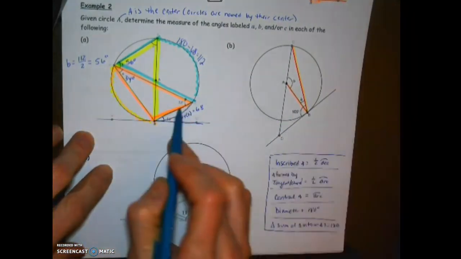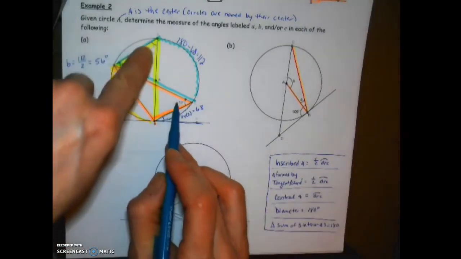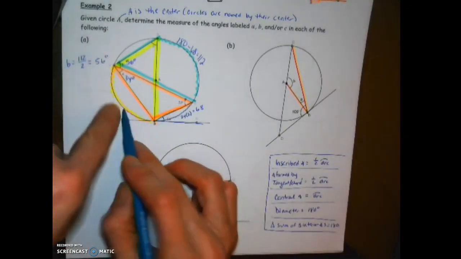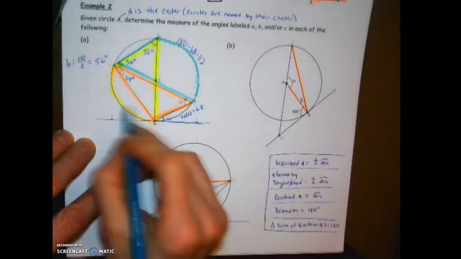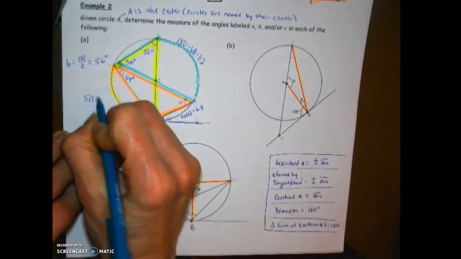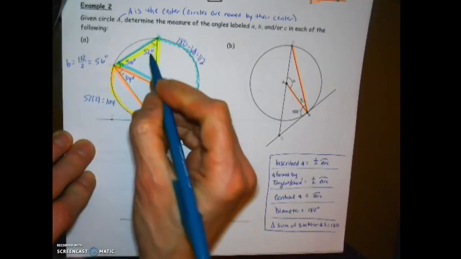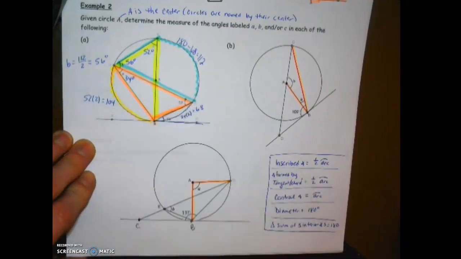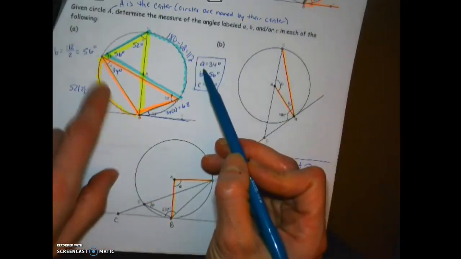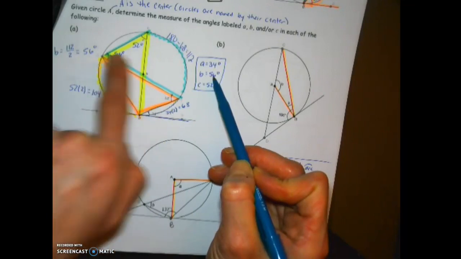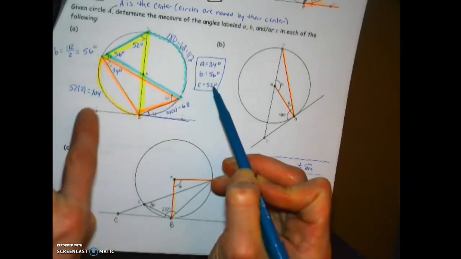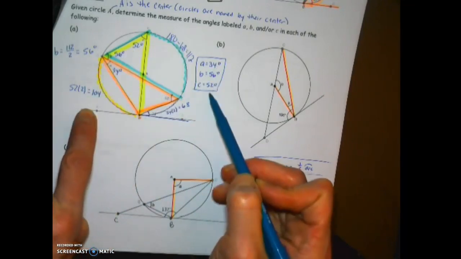So I know that these two inscribed angles intercept the same arc, which means angle C is also going to be 52 degrees. Or you could have said 52 times 2 is 104, and then angle C is half of 104, which is 52. So to recap, angle A is 34 degrees, angle B is 56 degrees, and angle C is 52 degrees. They're all half of the intercepted arc.